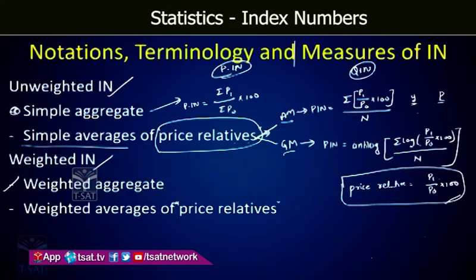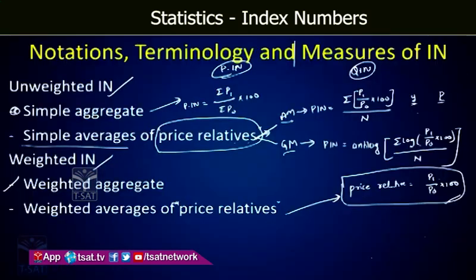Now the weighted average of price relatives. We have already seen price relative is nothing but P1 by P0 into 100. So in this weighted average of price relatives, we have again the arithmetic mean and the geometric mean. The weighted average of price relative for arithmetic mean is given by summation W into P by summation W, where this P is nothing but the price relative.